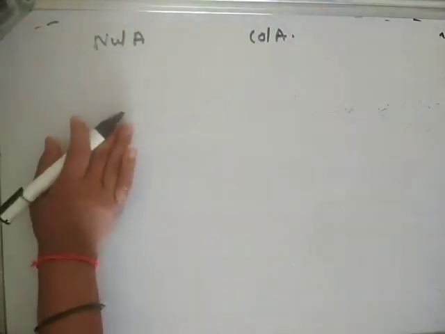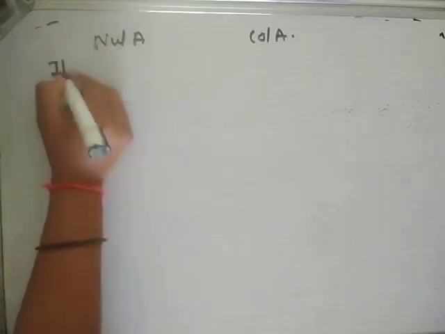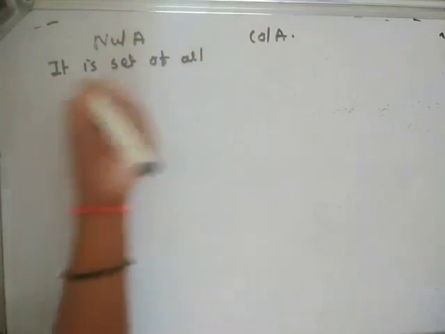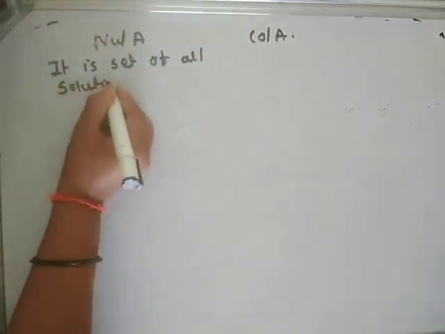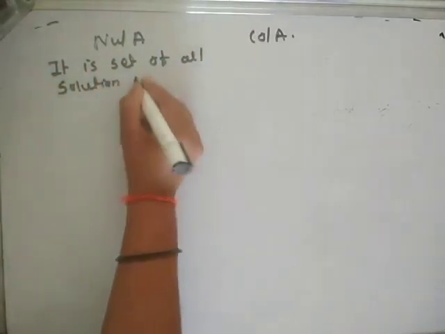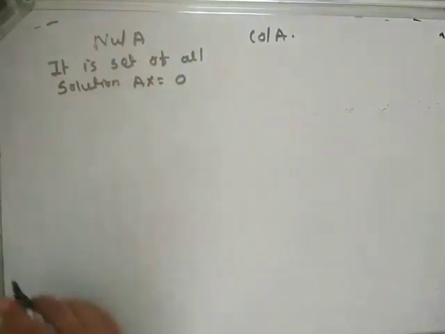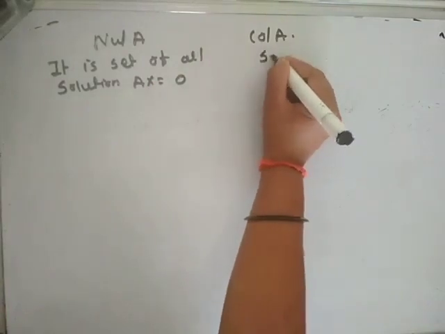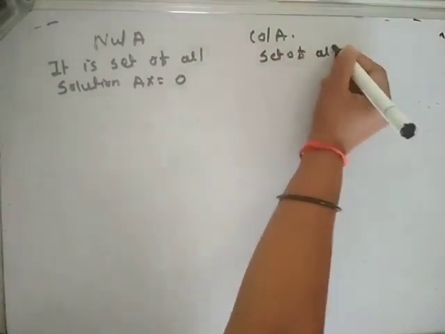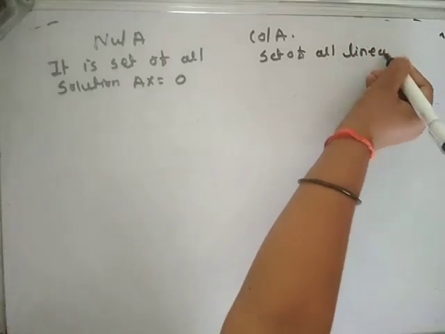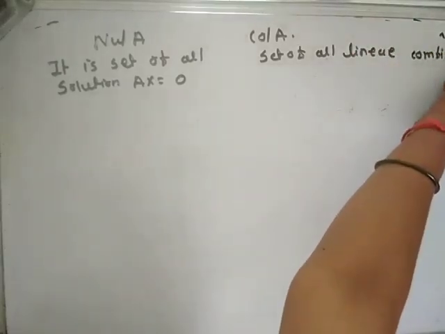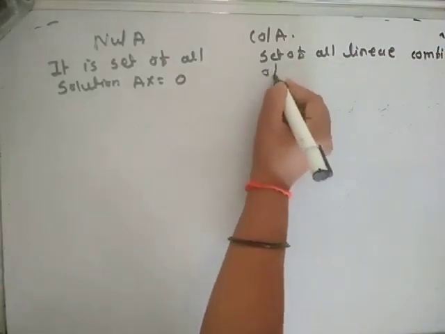It is the set of all solutions to the matrix equation AX equals 0. Column space of A is what? The set of all linear combinations of columns of A.